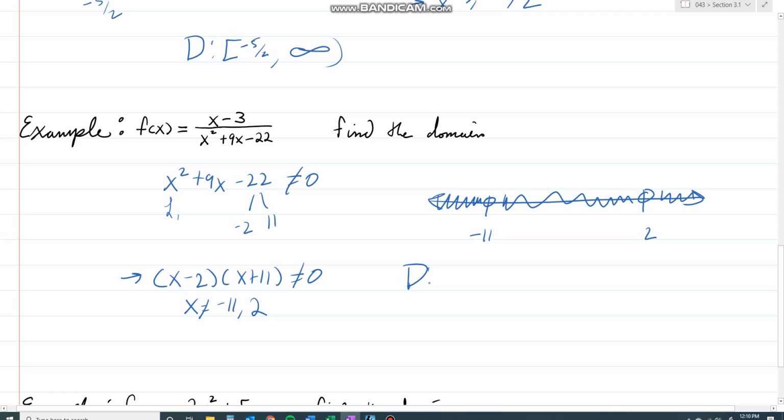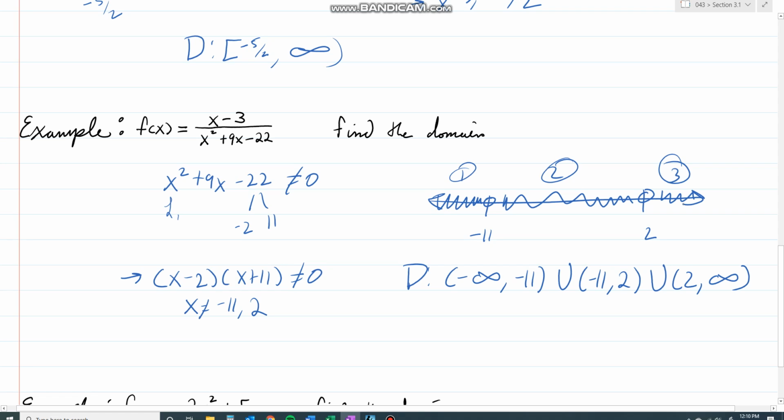So it looks like the domain is going to be from negative infinity to negative 11, not including negative 11, union with negative 11 to 2, not including either, union with 2 to infinity. All right, 3 regions, 1, 2, 3. And we're just trying to skip negative 11 and 2.